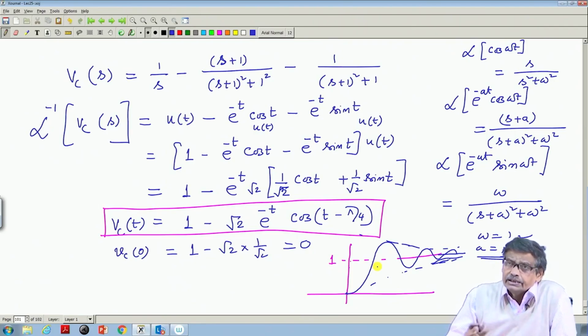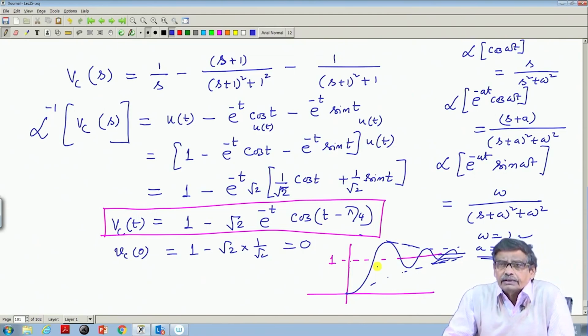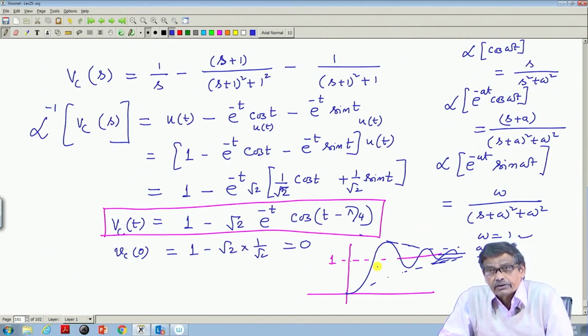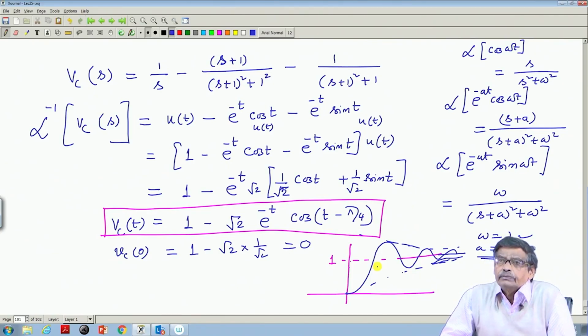Then find out anything you like, voltage across any element of the circuit. After you have found out I s, multiply with the respective impedance to get the Laplace transform of the voltage across that element. Then once you do that, you will find in most of the cases you have to do some partial fraction expansion, that you somehow have mastery over very quickly.